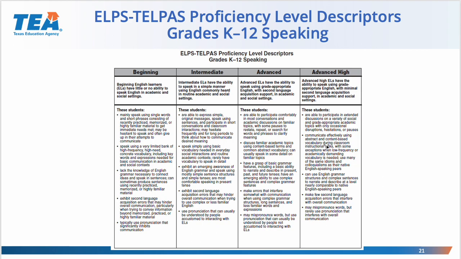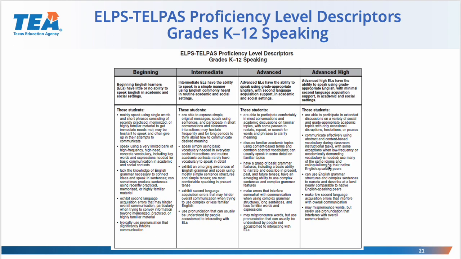And this is my favorite one over here in the advanced high: idioms and colloquialisms. So when you're listening to the kids speak, think about how some of our native English speaking kids, and I know this is probably not super relevant to K-1, but some of the kids use words like, oh my gosh, and just think about how some of our native English speaking kids sound and some of those little phrases they use, because those idioms and colloquialisms, oh, it was raining cats and dogs, right?